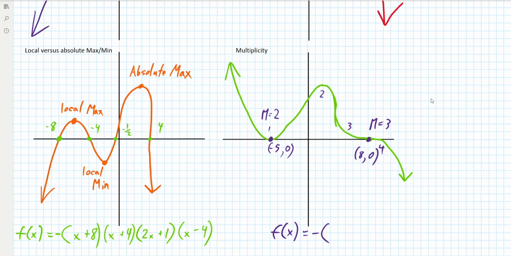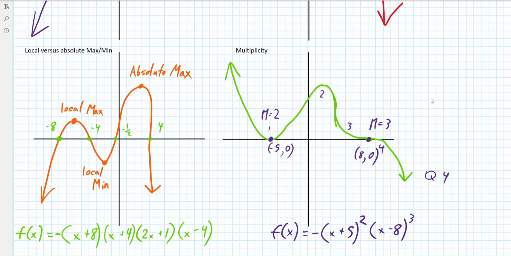So we know there's going to be a negative because it's going into quadrant 4. But anyways, whatever those values are, x plus 5 would be our first one. And if it has a multiplicity of 2, that means we have to put an exponent 2. And this one would be x minus 8. If it has a multiplicity of 3, we have to put the 3 up top there.